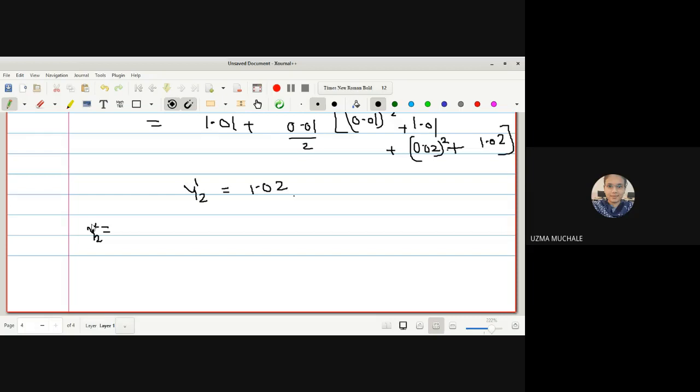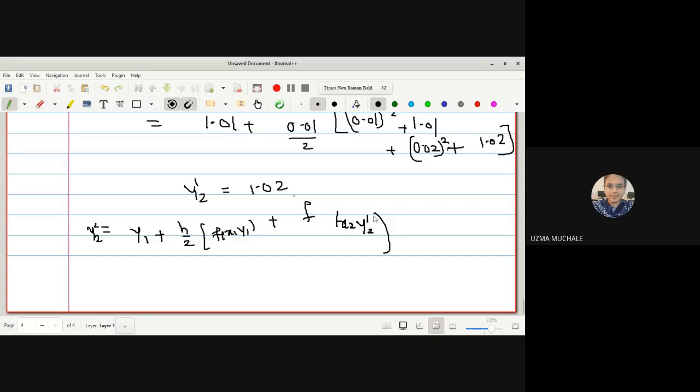Write the formula and tell me the answer. What will be the formula? y2'' is equal to y1 plus h by 2 into f of x1 y1 plus f of x2 y2'.